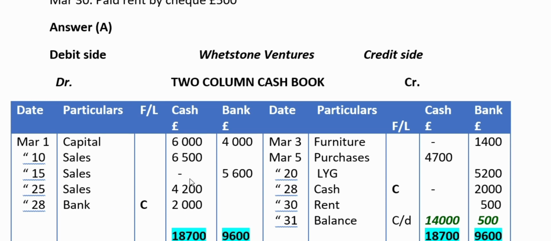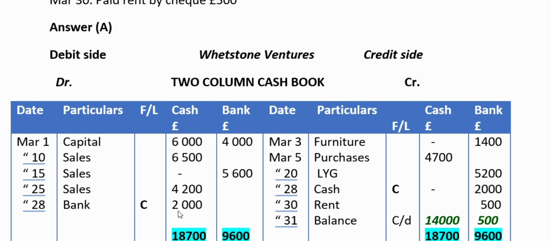So the 2,000 is entered here in the cash column on the debit side, while on the credit side that same 2,000 is entered in the bank column, because the bank received the money, while the debit side is showing that the bank received cash of 2,000.